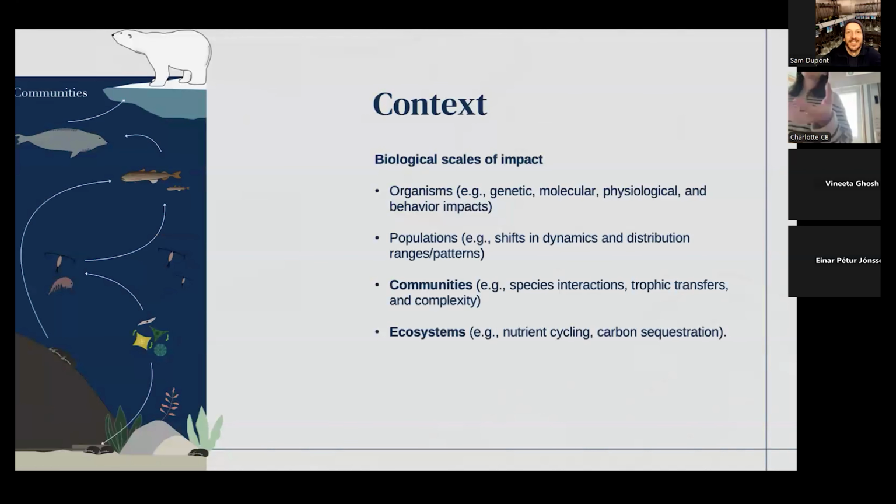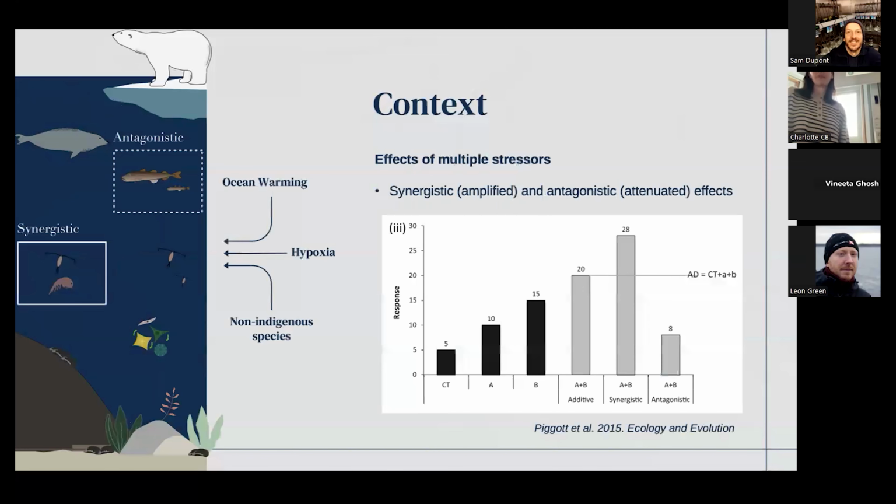And ultimately, it's going to impact whole communities, so species interactions, trophic transfer, the complexity of community structures, and eventually ecosystem processes such as nutrient cycling, carbon sequestration. These are just examples, of course, but they will have impacts at different levels of biological complexity.